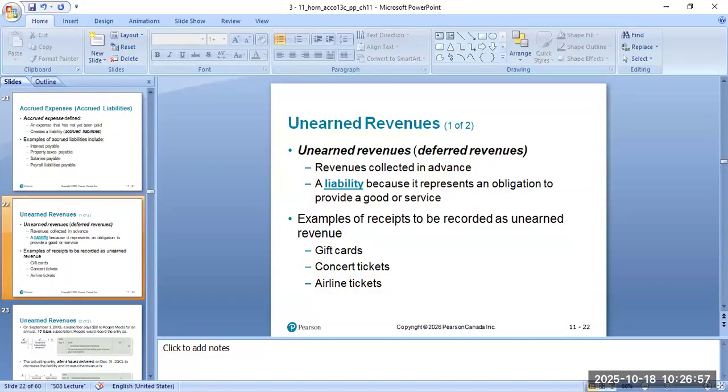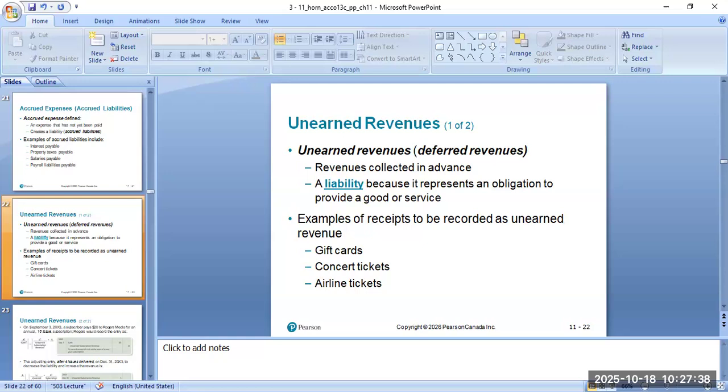That means we collected the cash, but we haven't recorded the revenue yet. Then what's the difference between deferral and accrual? In accrual, the cash hasn't happened yet. The cash is going to happen in the future. Whereas in deferral, the cash already happened, but we're pushing the recognition of either expense or revenue into the future. In this case, it will be the revenue.